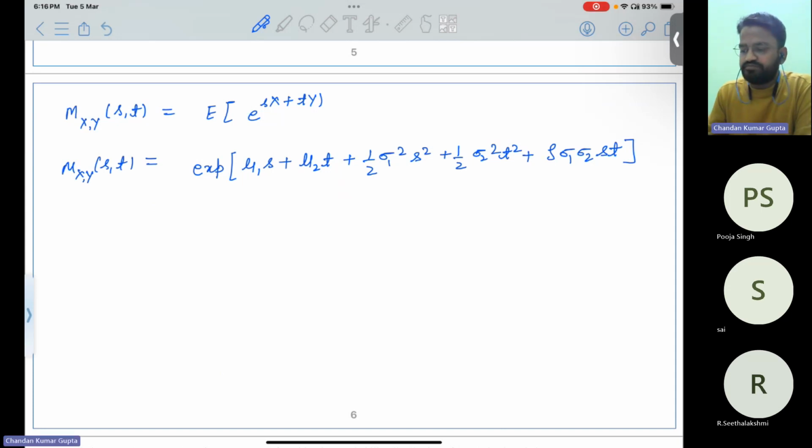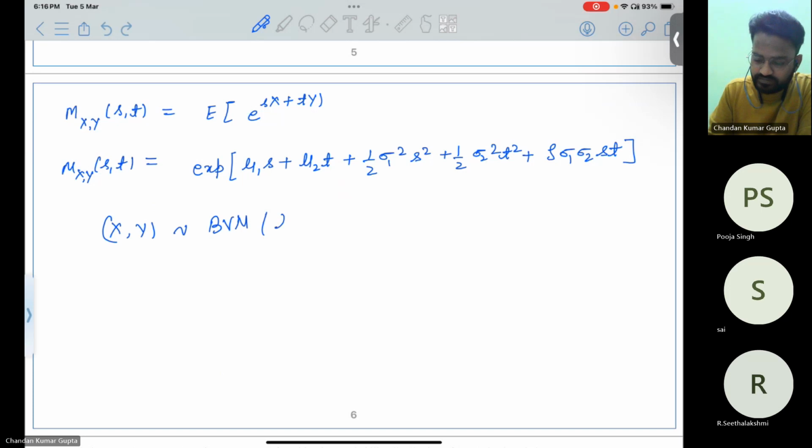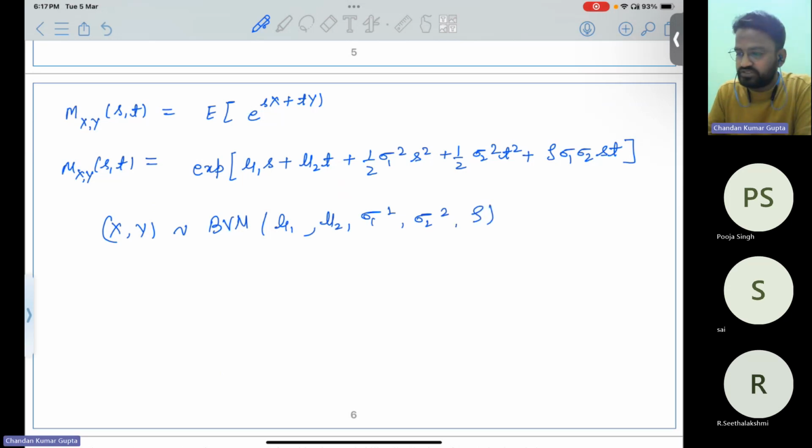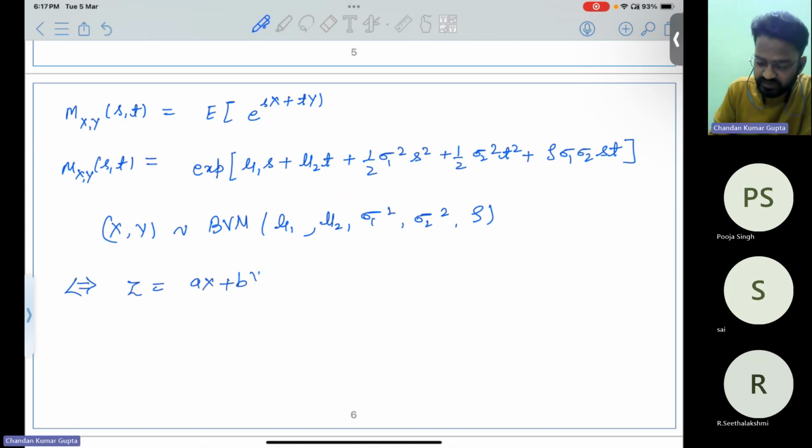Similarly, we will transform: x and y follow a bivariate normal with mu1, mu2, sigma 1 square, sigma 2 square, and correlation coefficient rho. Suppose z is ax plus by, a linear combination of two normal variables.